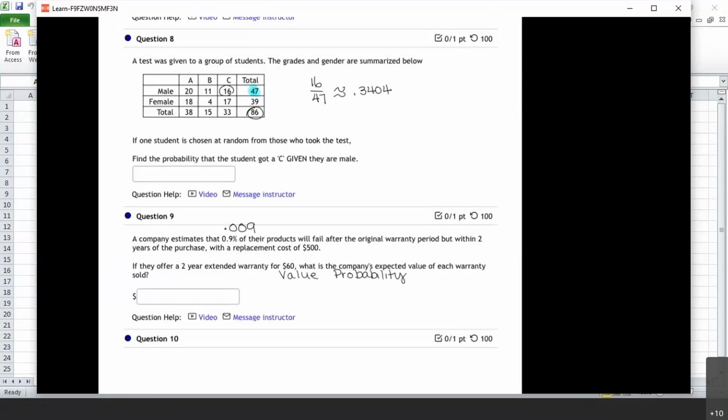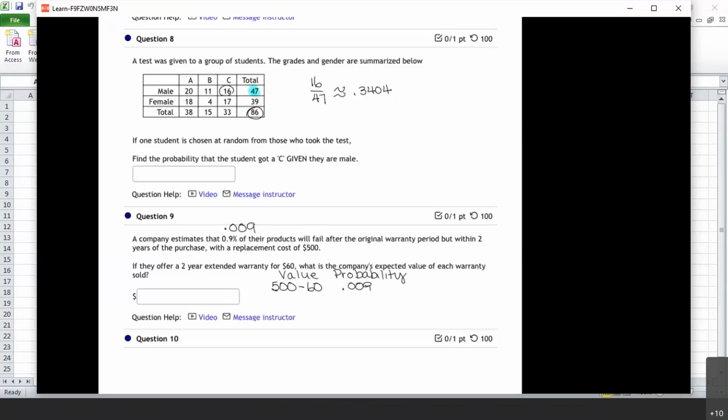So we might have our product fail, in which case they're going to give us the $500 replacement, but we're out $60 for the warranty. Now, the probability that that happens within a 2-year period is that 0.9%.